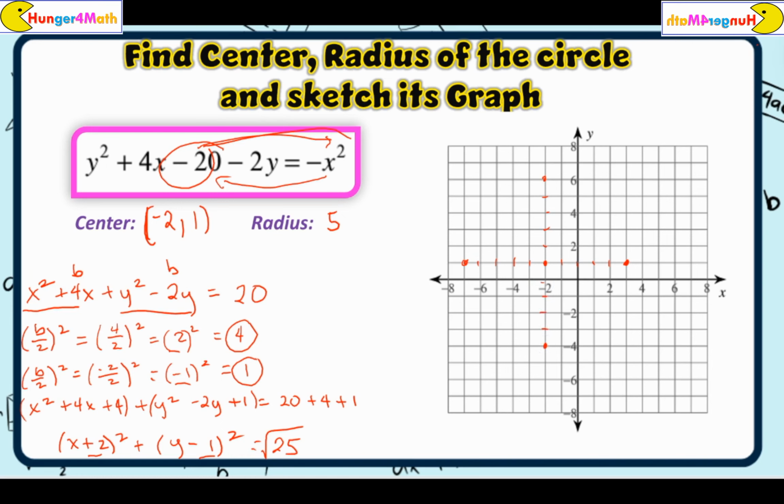Then let's connect the points and form a circle. Alright, so that is now the center, radius, and sketch of the graph.